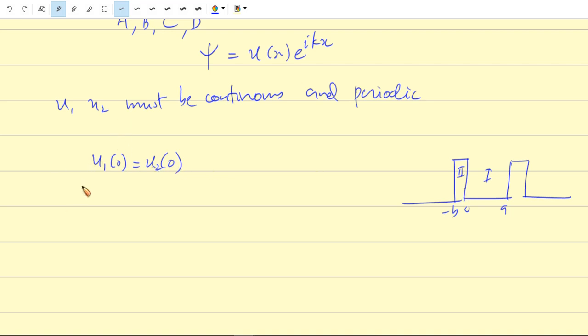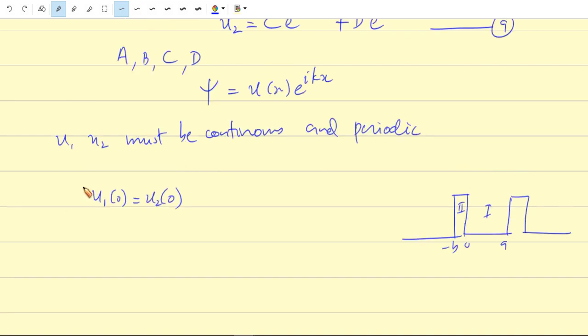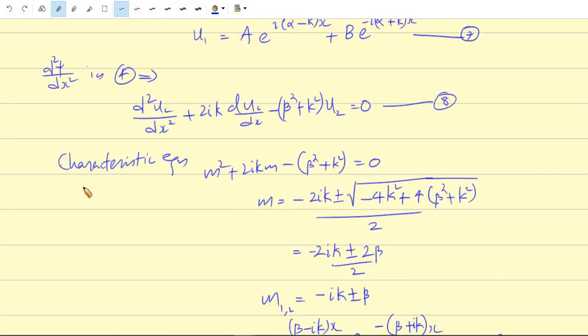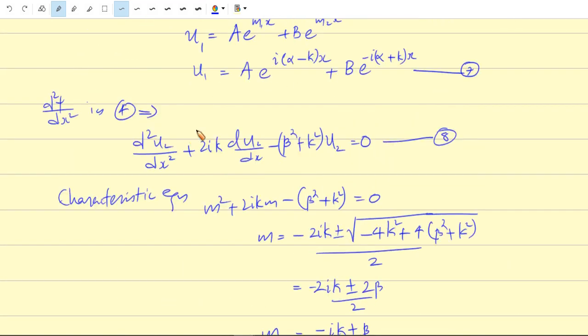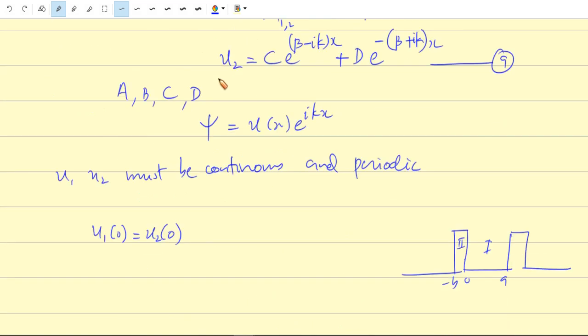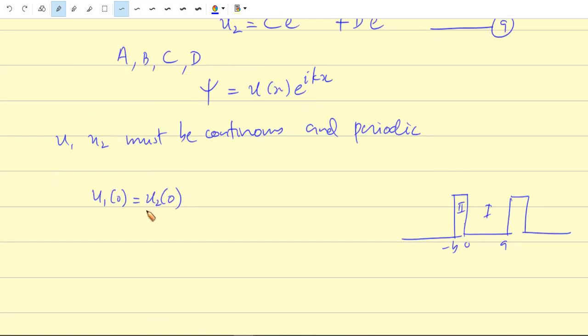Therefore we get u1 of 0 from equation number 7. When x is equal to 0, what will be the equation? Equation 7 becomes a plus b, which is equal to u2 of 0.